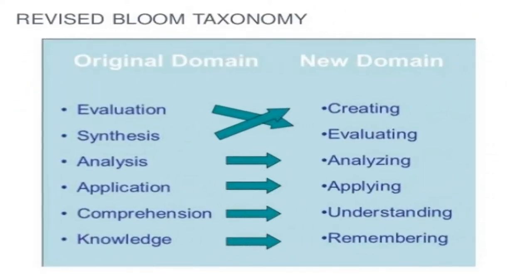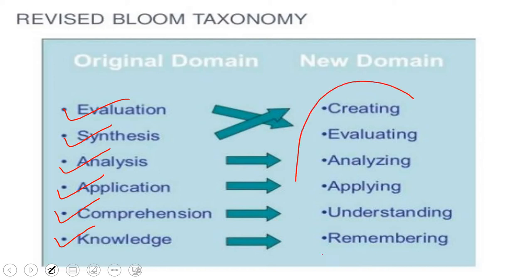Now, this is a classical slide, Bloom's taxonomy: cognition, knowledge, and then comprehension, application, analysis, synthesis, and evaluation. As time passed, they used verbs, the actioning, so that students can remember.